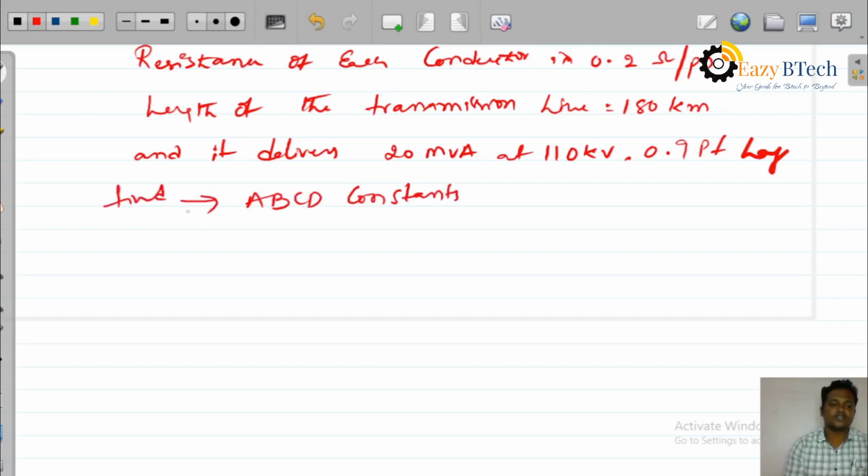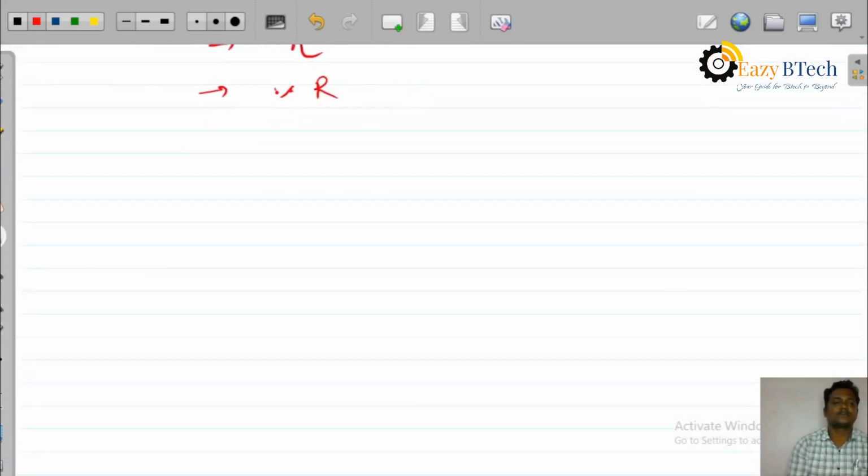Find ABCD constants, sending end voltage, sending end current, efficiency of the transmission line, and percentage regulation of this long transmission line. Okay, first we will see what data is given.